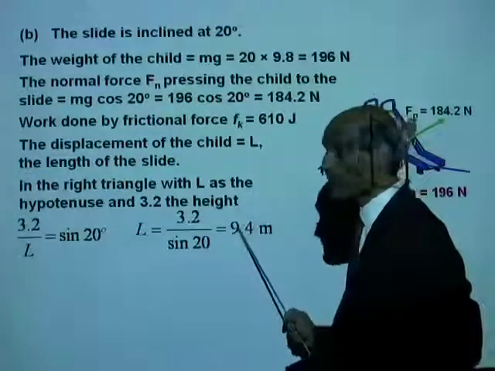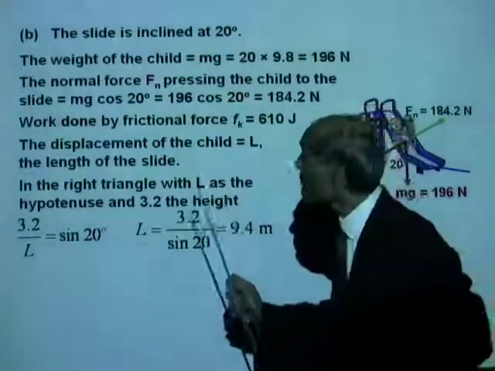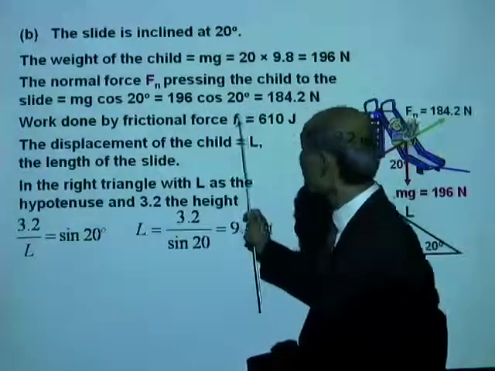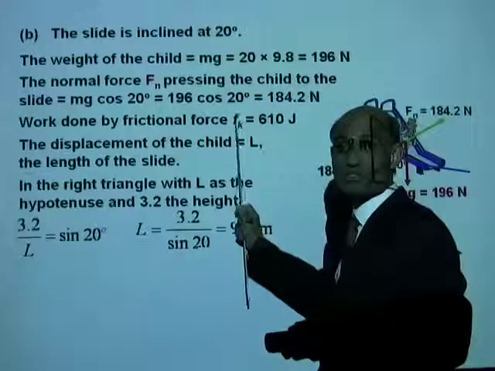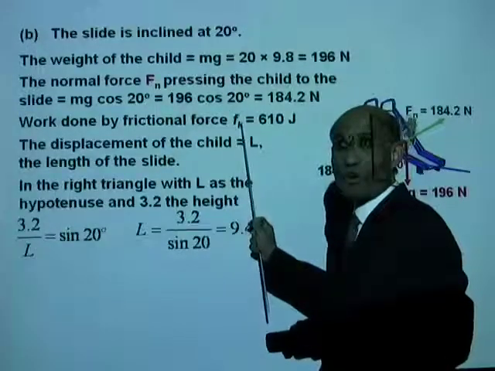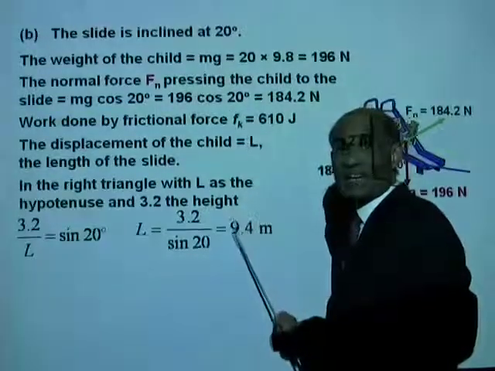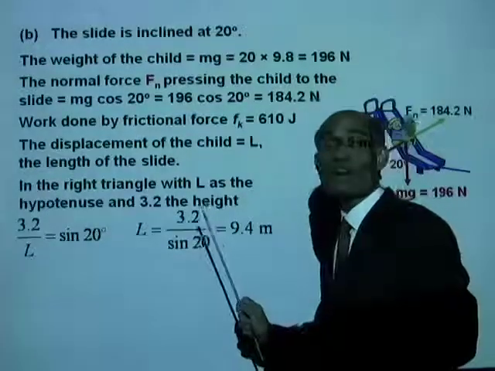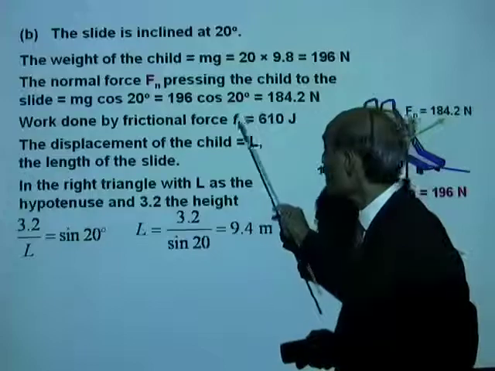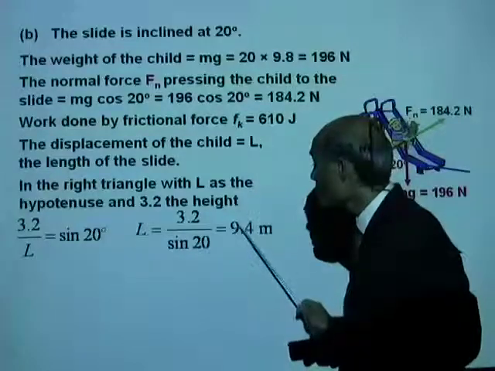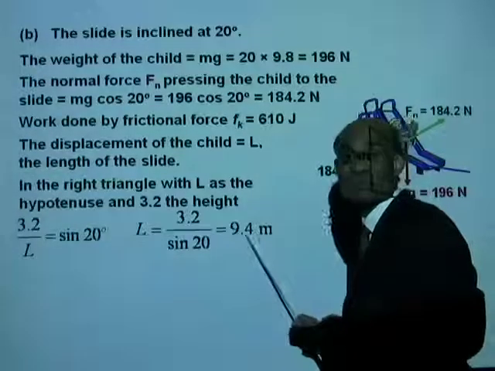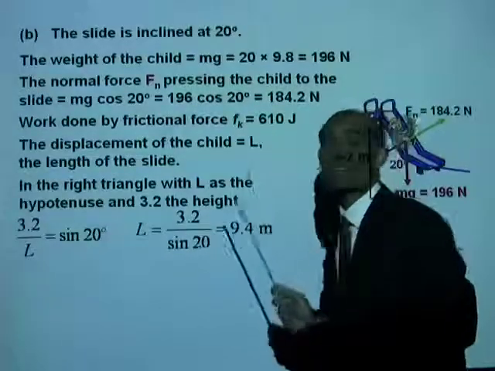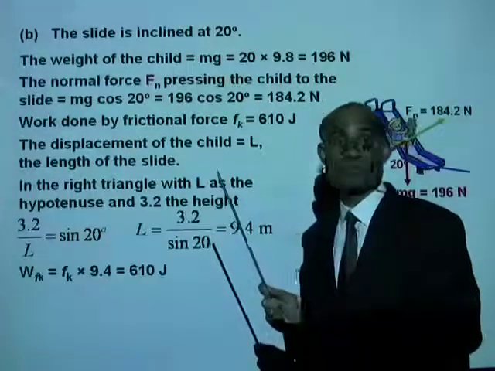Well, if F is the frictional force, we are looking for that frictional force F. Is that right? This force produces this displacement. Therefore, work done by the frictional force is the frictional force multiplied by that displacement, and that quantity must be equal to 610 joules.